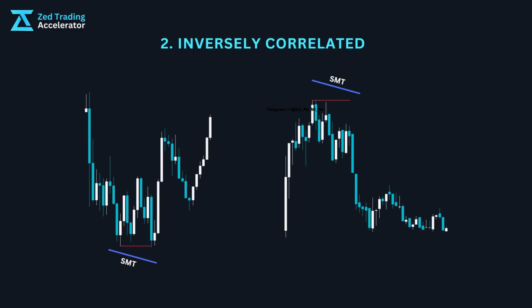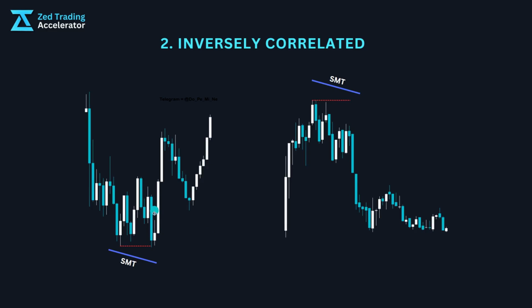This is a live market example. Right? So as we can see right here, this pair right here took out this equal lows. It took out this sell side liquidity. But on the other hand, in this asset, it failed. It completely failed to take out that equal lows and continued higher.